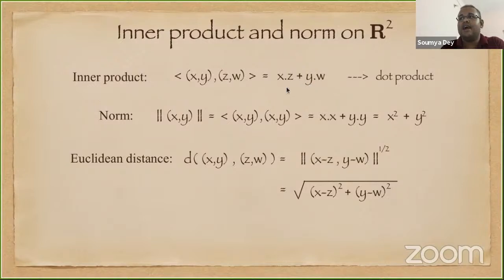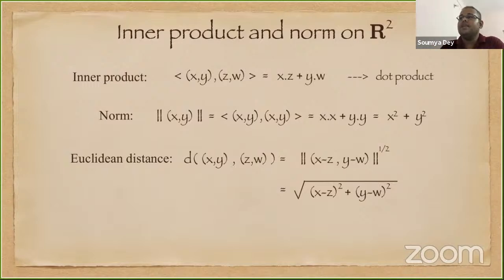This is the way we define the dot product of 2 points in R2, right? And this is basically an inner product. In more general settings, this is called an inner product on a space.